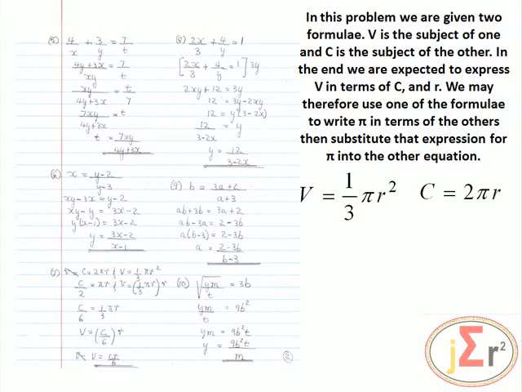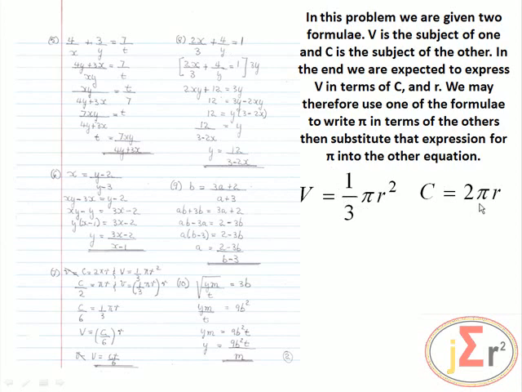Now, since we are transposing formulae, we are given these formulae, then one might imagine that the best way out is to transpose. Well, I opt to differ. One might want to take pi here and make pi the subject of the formula.